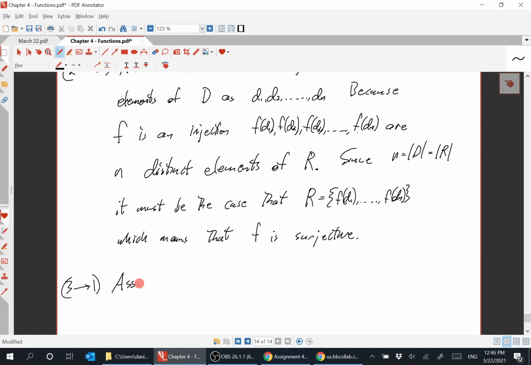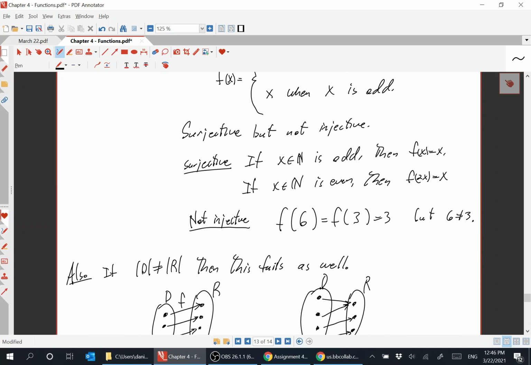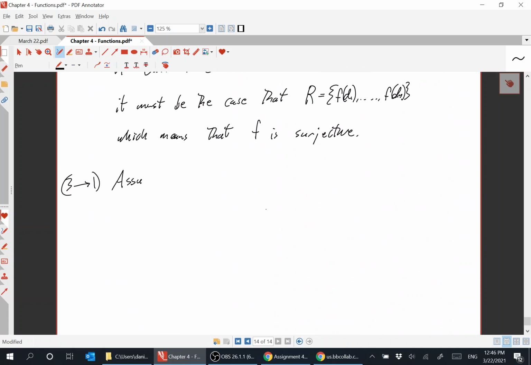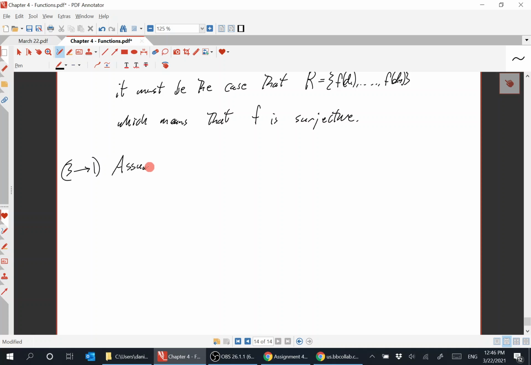So, 3 implies 1, let's go back to that list. All right, we want to assume F is surjective, show that F is bijective. So, assume that F is surjective.